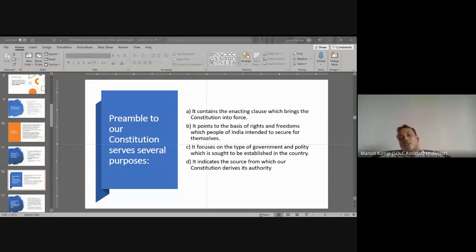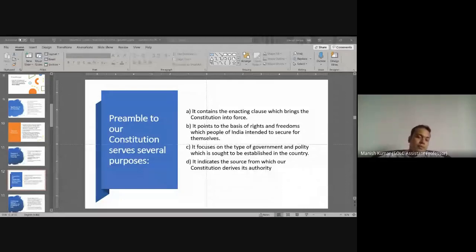This assertion affirmed the republican and democratic character of the Indian polity and the sovereignty of the people. The people of India thus give effect to the sovereign political body holding the ultimate power through their own government formed by their elected representatives.